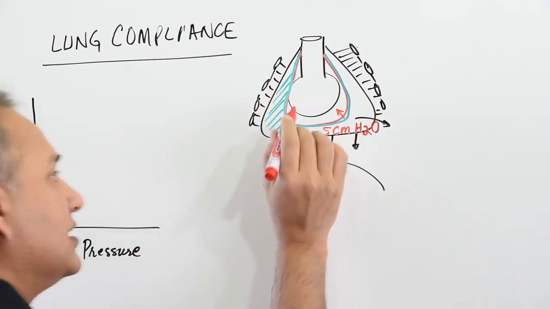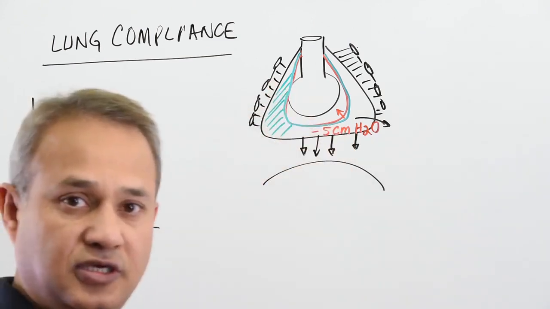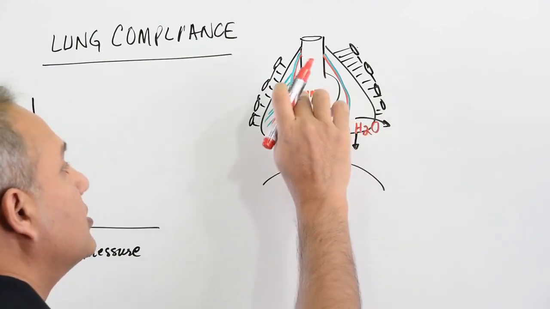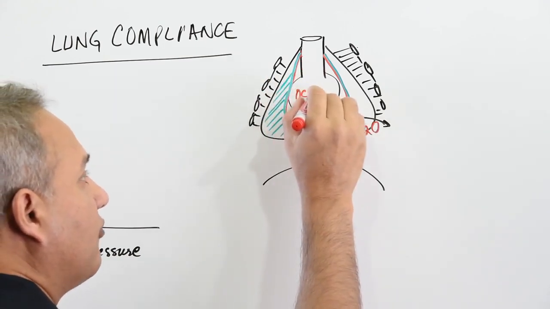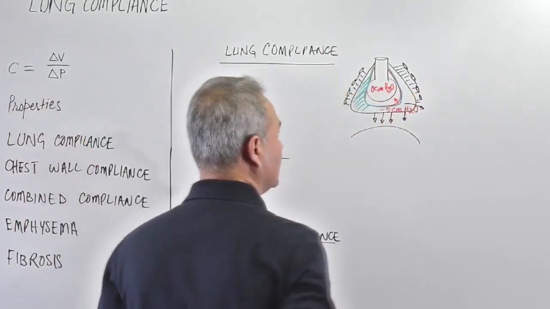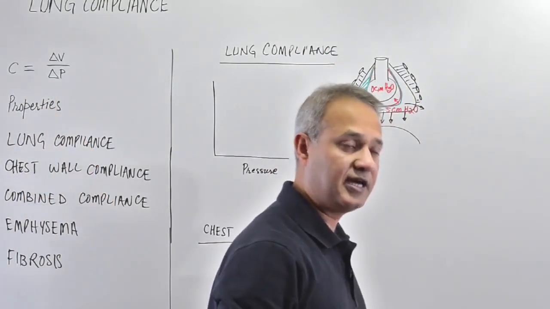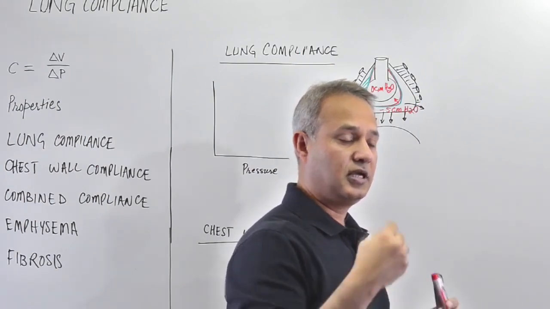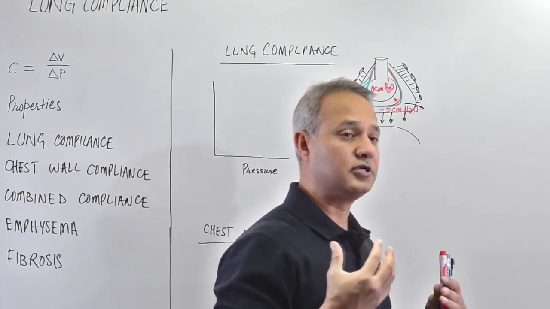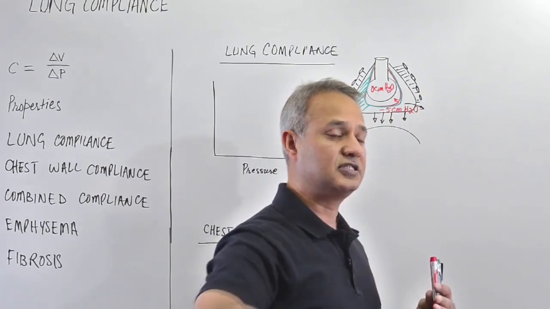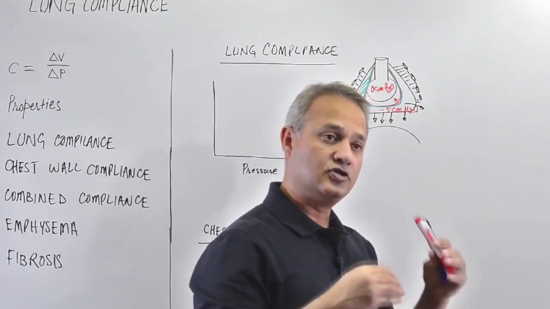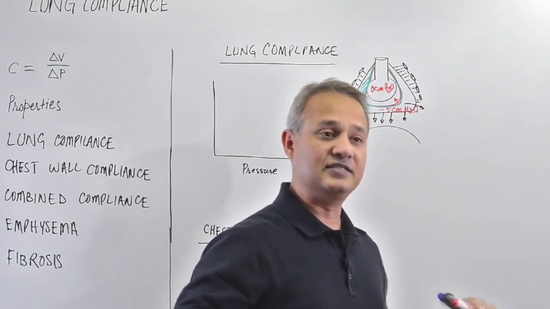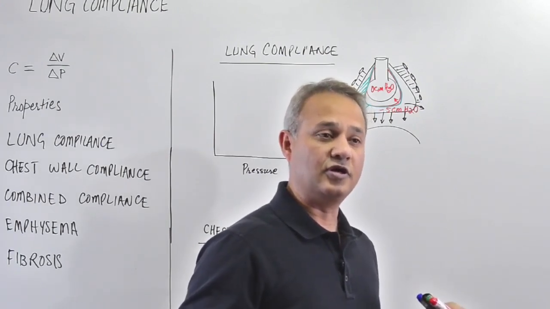We also know that the pressure in the alveoli at rest is about 0 centimeters of water. This is the atmospheric pressure. That is, if I exhale and I stop and keep my epiglottis open, then the atmospheric pressure is the same as in the alveolus. So that 760 millimeters of mercury pressure is the same as 0 centimeters of water alveolar pressure.